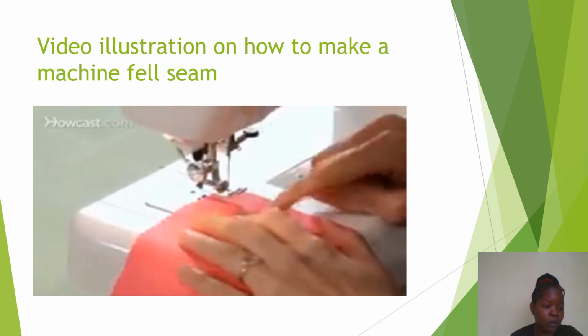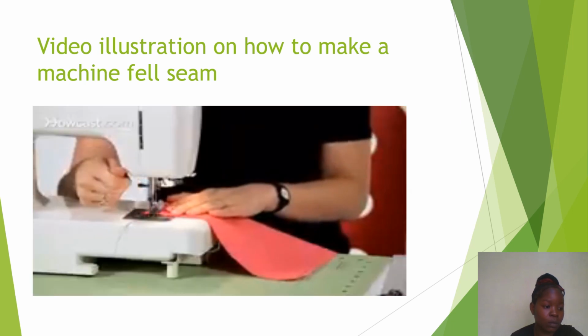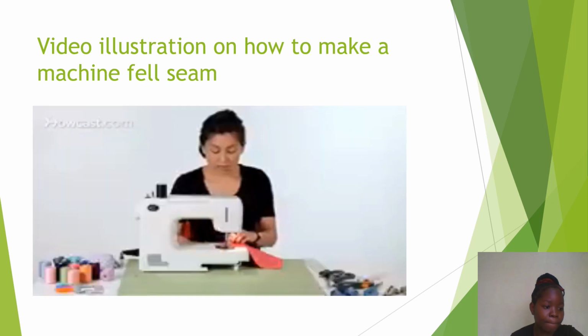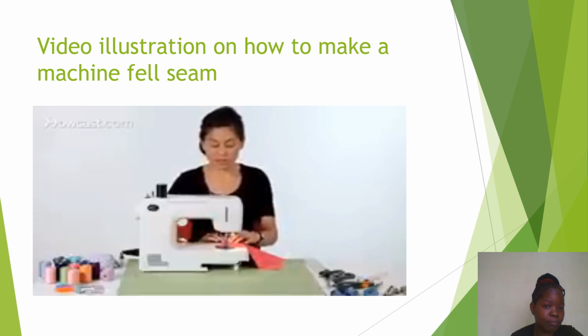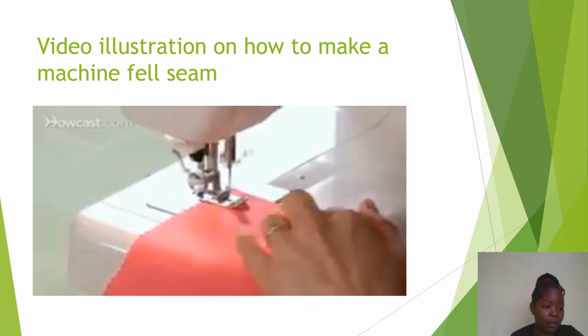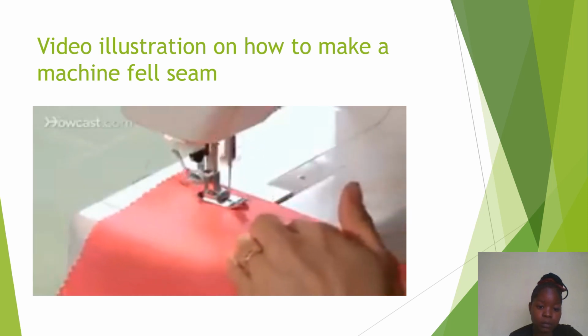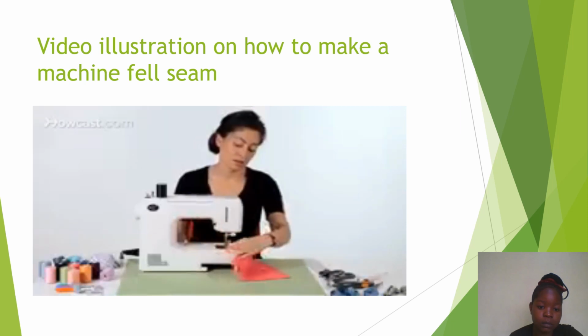So I'm lining up my fabric with the raw edge on the 5/8 guide on my seam guide. And I'm just sewing a straight stitch. I'm using a 2.5 millimeter stitch length. I'm just going to go all the way down to the bottom.